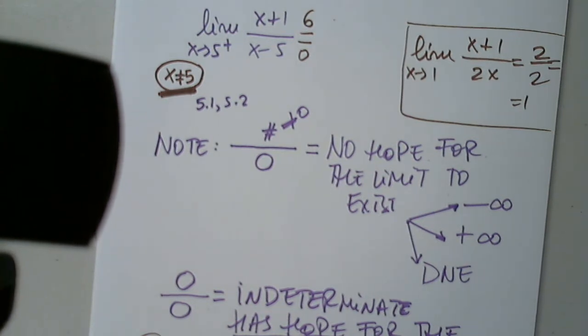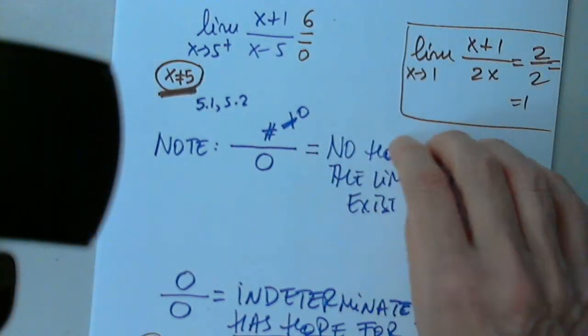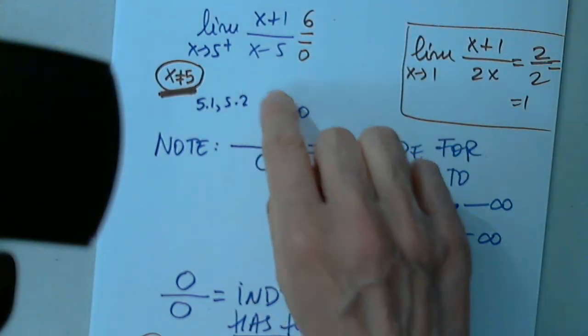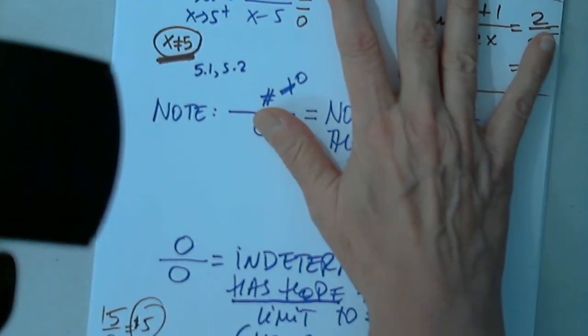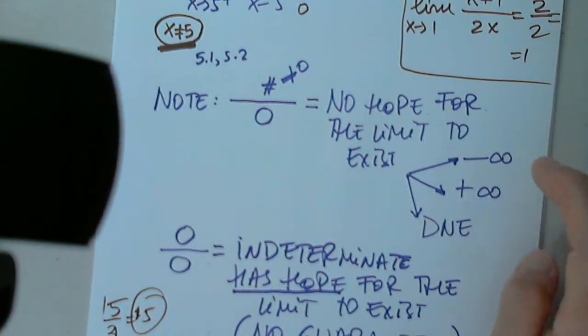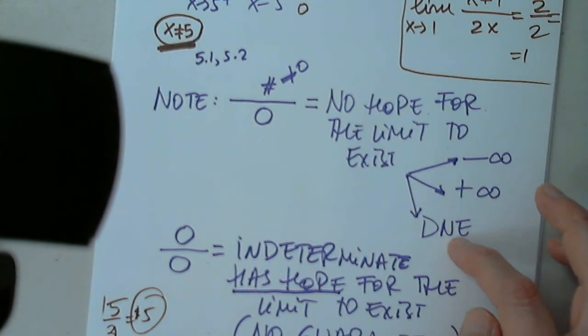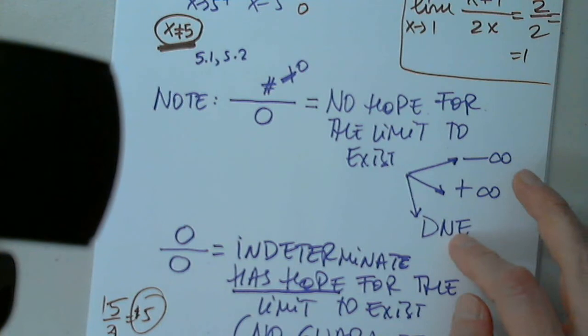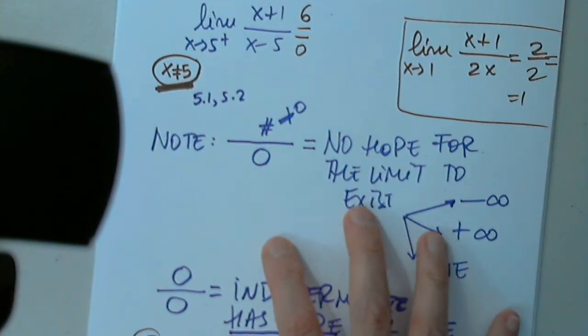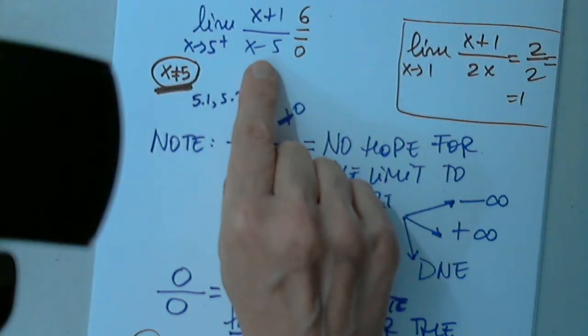No hope. No hope. Once I identify that this is the category that this limit fits in, then I know that the answer must be guaranteed 1, 2, or 3. Only one of them. 1, 2, or 3.